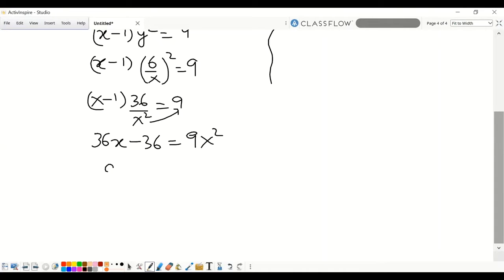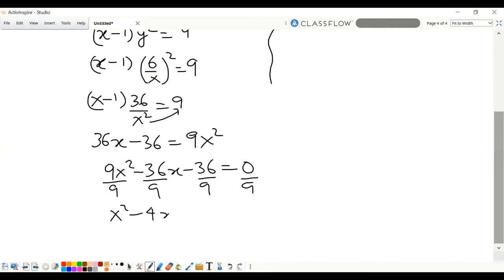And now let's rearrange everything to the right side. 9x squared minus 36x plus 36 equal to 0. To simplify this, we can divide all of them by 9. So x squared minus 4x plus 4 equal to 0.